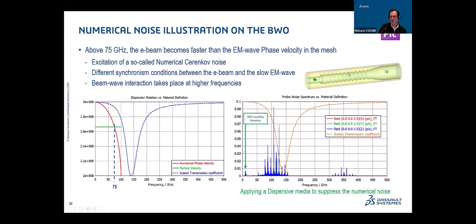And if you place some probes into the tubes, then you can see where this numerical dispersion occurs and where you have these growing signals. And here you can damp the numerical noise by applying a special dispersion, which is available in our tools, in order to really have the main operating principles which occur at the operating frequency of the backward wave oscillator.